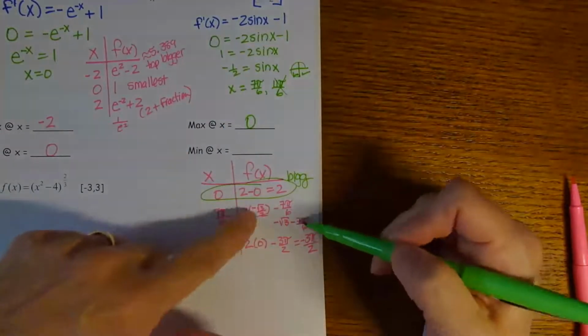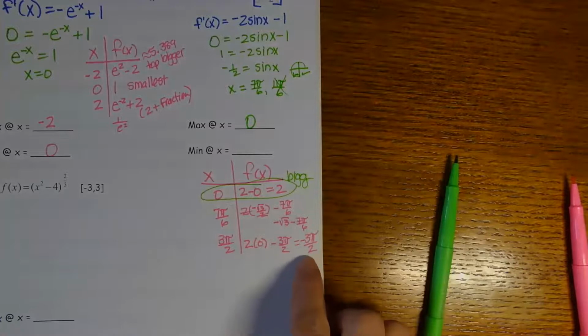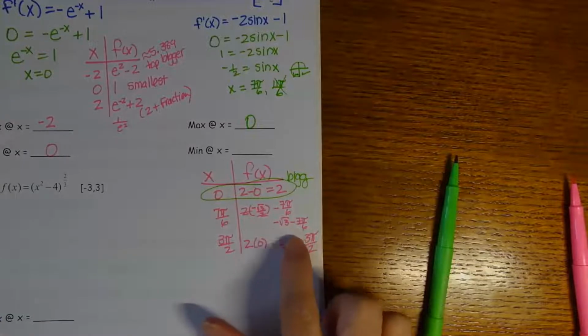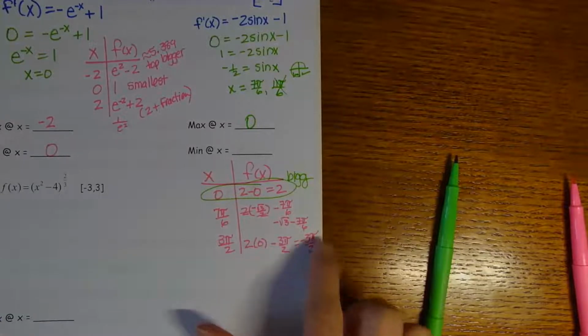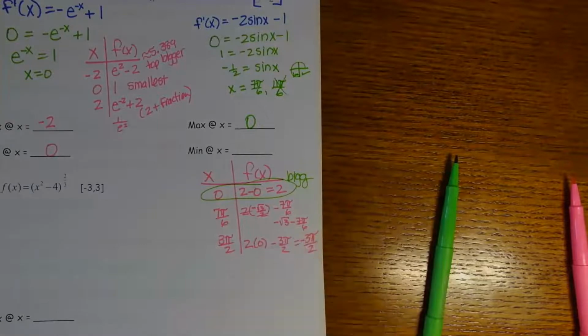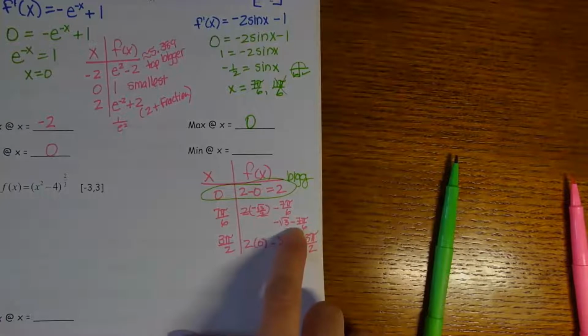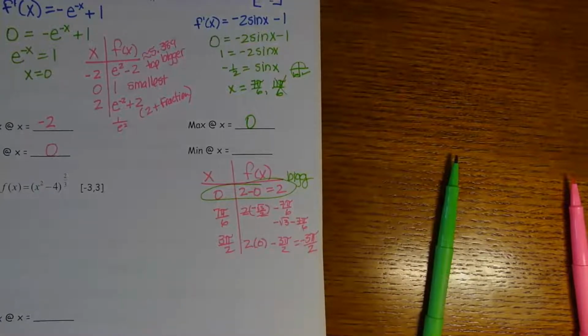Now, which of these is more negative? This is like 1.5 pi, right? And this is, if you need to type them into your calculator, go ahead. But that's negative square root of 3 minus 7 pi over 6. Which one's bigger? Or which one's smaller?